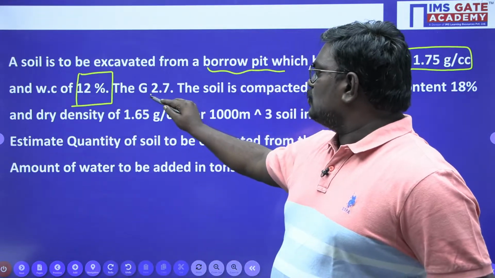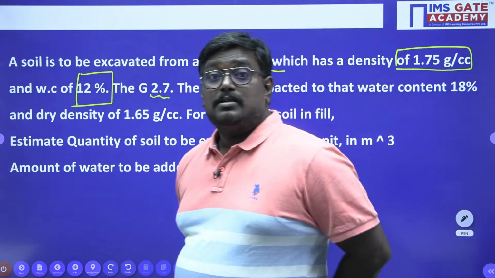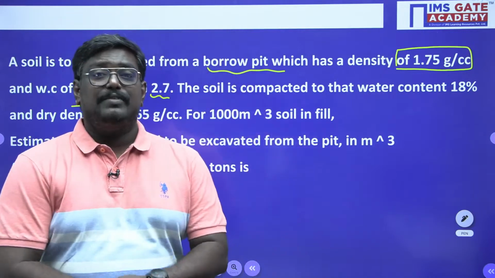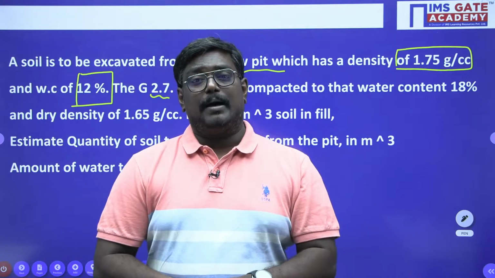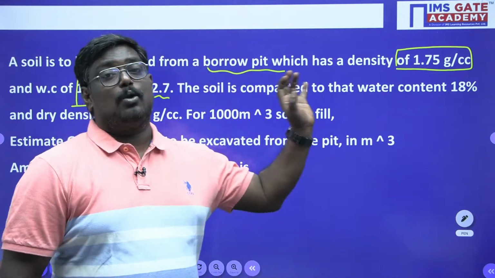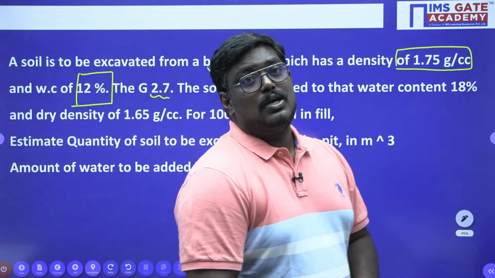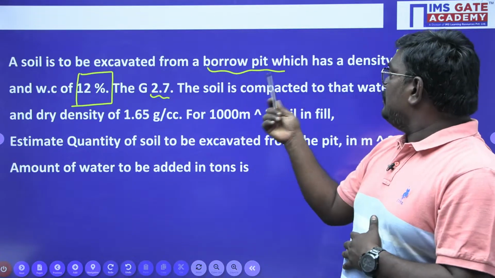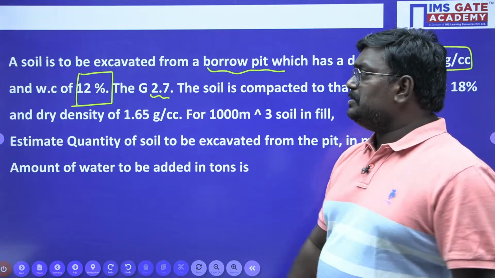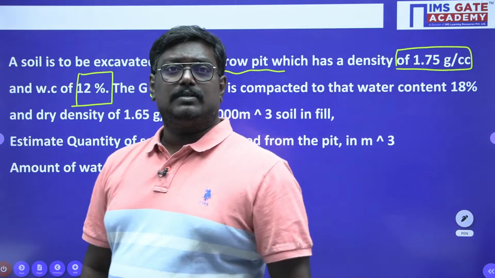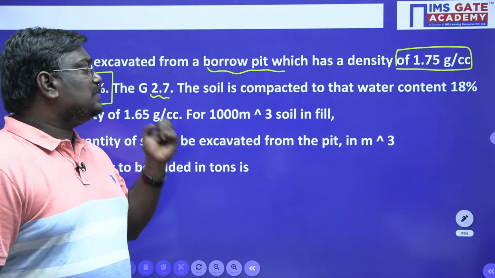Specific gravity of the soil is 2.7. See students, in the previous sessions we have discussed how we can solve problems related to borrow pit and fill. So here he has given in the problem clearly the density 1.75 gram per cc, water content 12 percent and specific gravity 2.7.